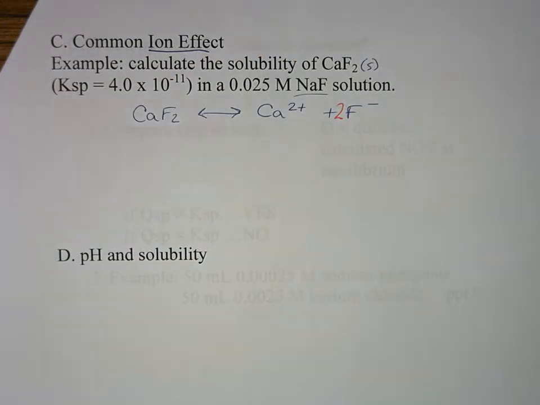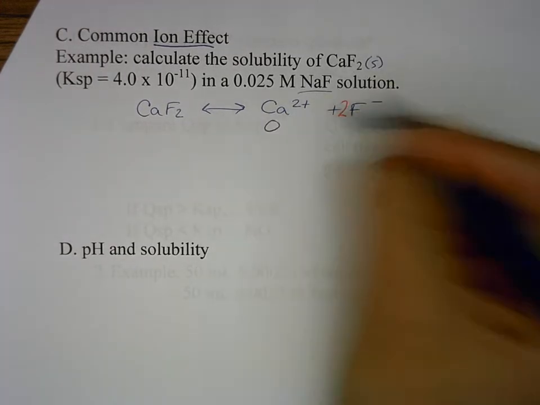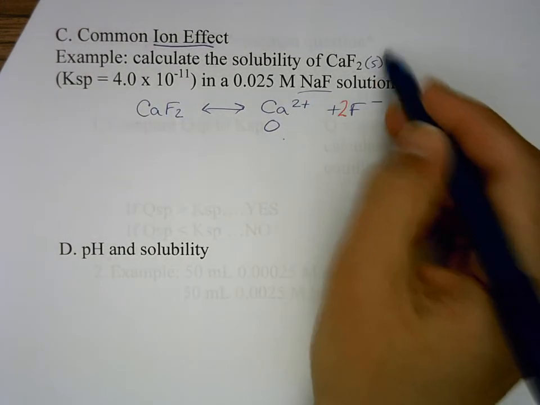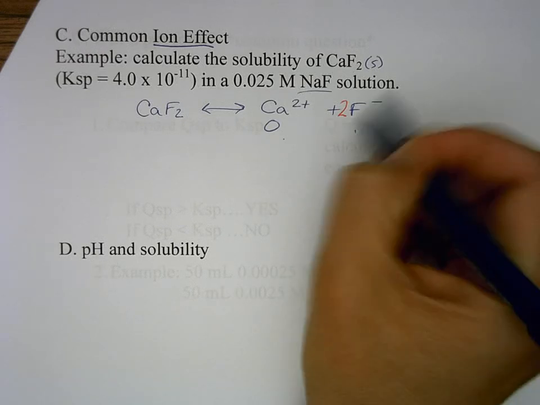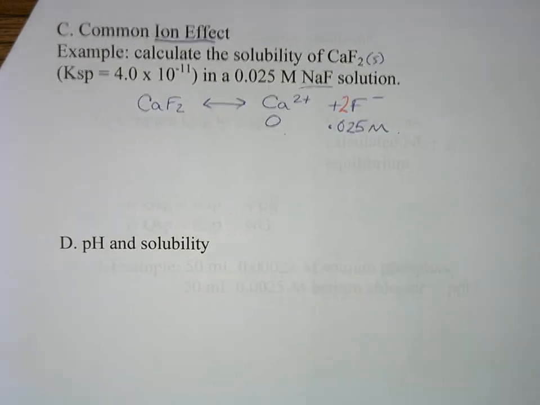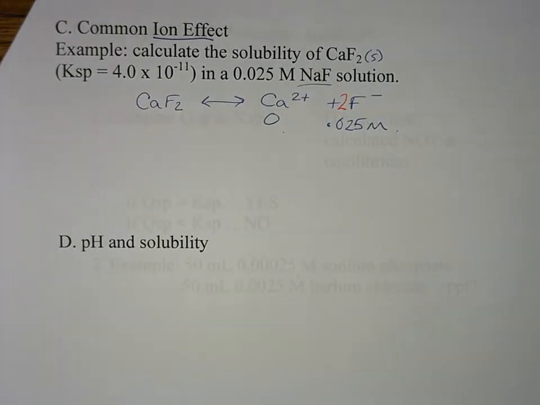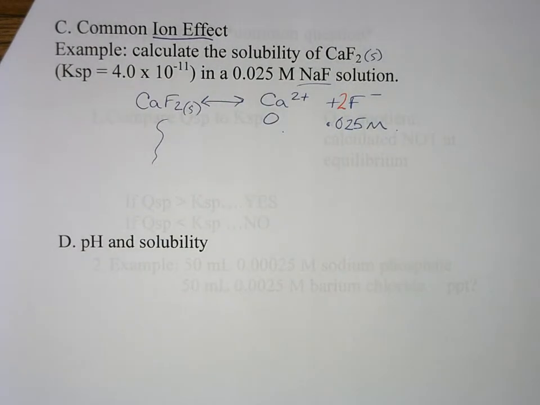The only difference between this and the first example problem is that instead of starting with 0 fluoride ions, I start with 0.025 molar concentration of fluoride ions. The solid doesn't matter. Now you can set up the ICE table and solve for X.